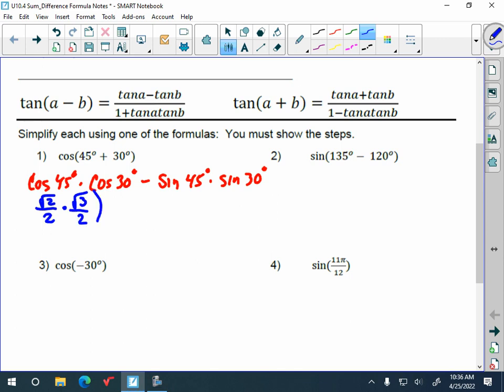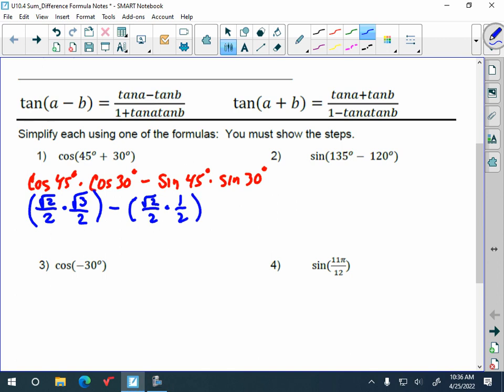I'm just going to put that in parentheses because I have to use order of operations, and I'm going to have to multiply those two together. All right, minus. And then sine of 45 is what? Root 2 over 2 times sine of 30. So that's 1/2.